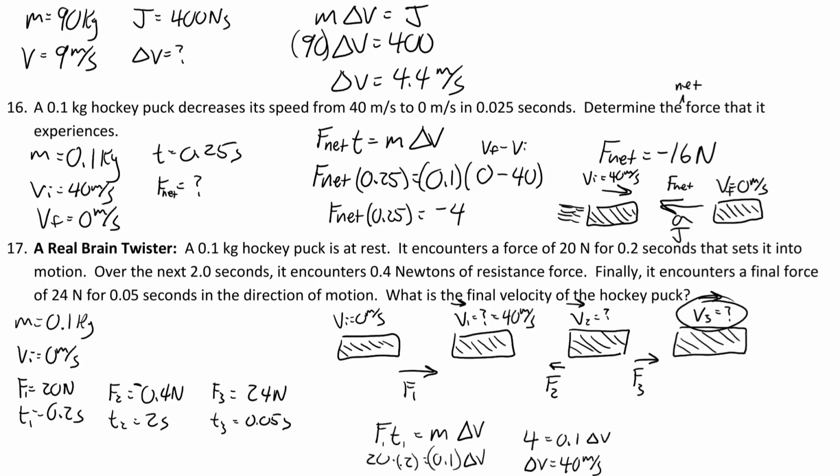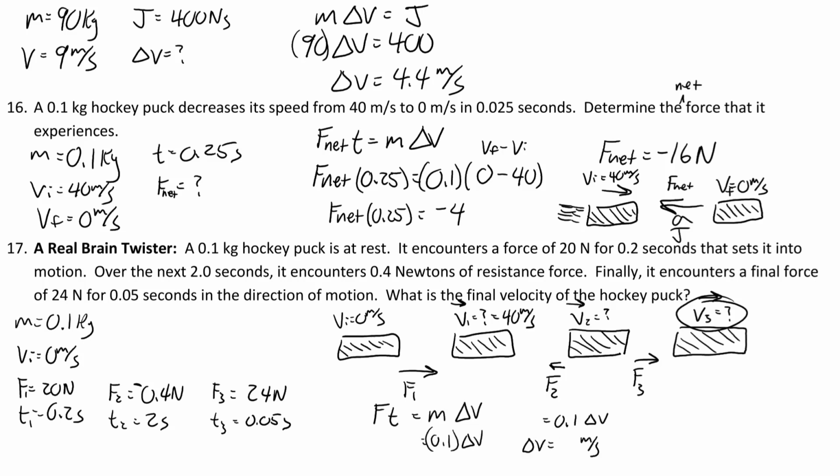We can keep doing the same thing for F2 and T2. So this is negative 0.4 times 2, which gives 0.8 equals the mass times the change in velocity. Oh, sorry, this is negative, so now you have negative 8. You change your velocity by negative 8 meters per second.